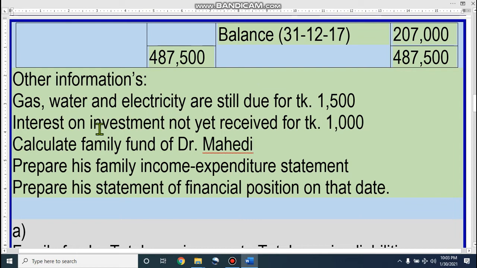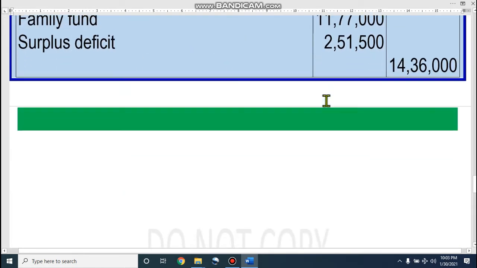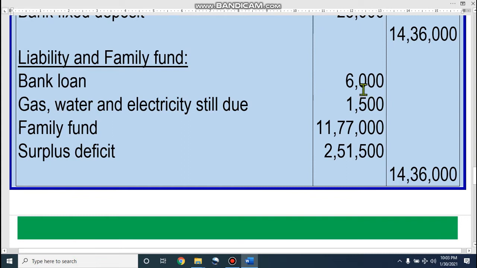Earlier I told you, income due is our asset, and expense due is our liability. So gas, water and electricity bills are still due 1,500. This is our liability. So we have two liabilities: number one, 6,000 bank loan, and gas, water and electricity bill due 1,500. So both are liabilities.